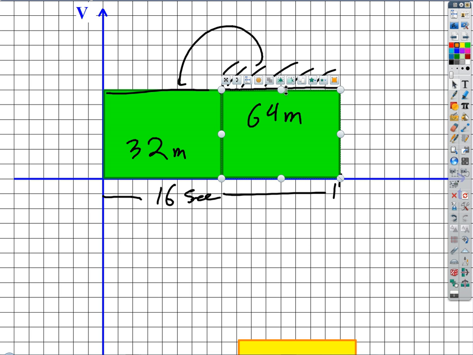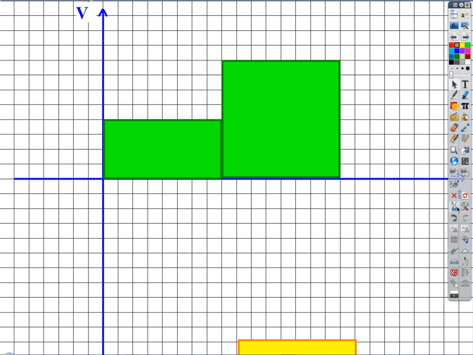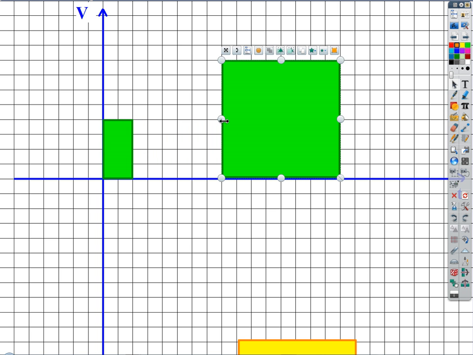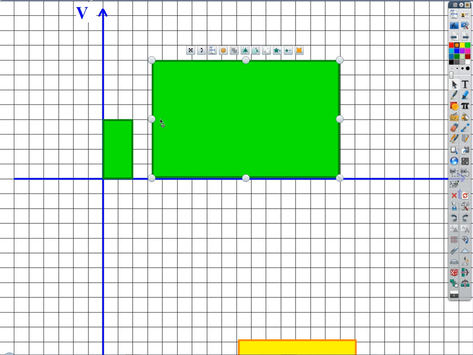Okay, now what happens though, if I go back a little bit. Let's say that this piece right here is going to be over a much shorter period of time. What's that gonna do to my average then? If I'm traveling at 4 meters per second for only 2 seconds, and I'm traveling at 8 meters per second for 14 seconds, what's that gonna do to the distance that I cover?